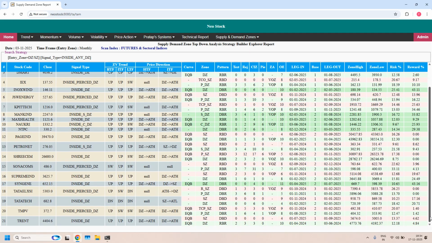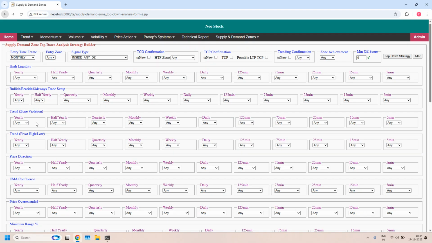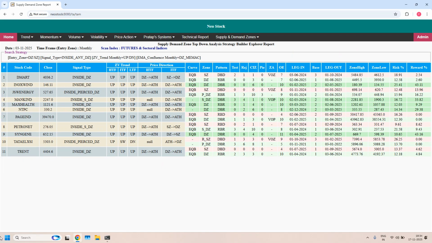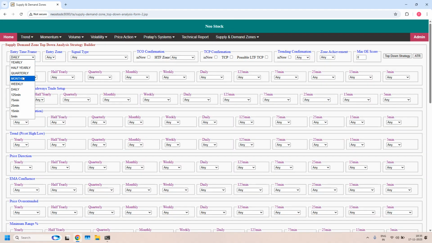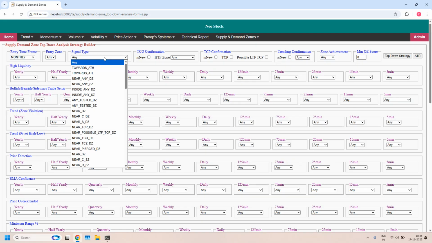Let's again apply EMA confluence at the monthly demand zones. That is a monthly demand zone having monthly EMA confluence, and also trend on the monthly should not be sideways. So we got 11 stocks. Okay, next, price closed inside the monthly supply zone.